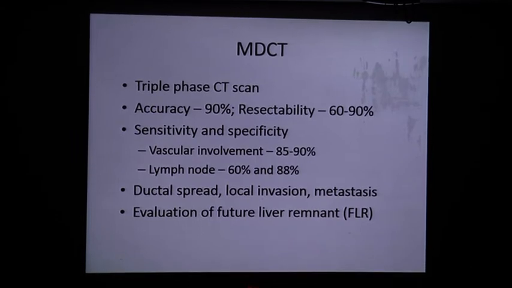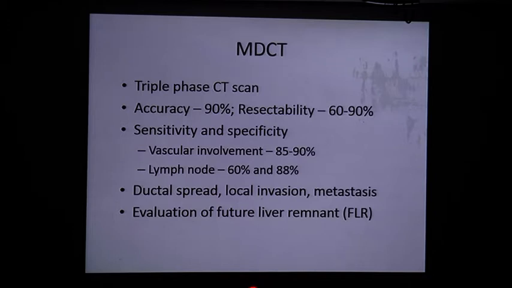It can also give you information about ductal spread by looking at the enhancement pattern. If you have a good CT scan, the enhancement pattern of the wall will give you information about that. And then you have vascular involvement, lymph nodal metastasis, and distant metastasis.